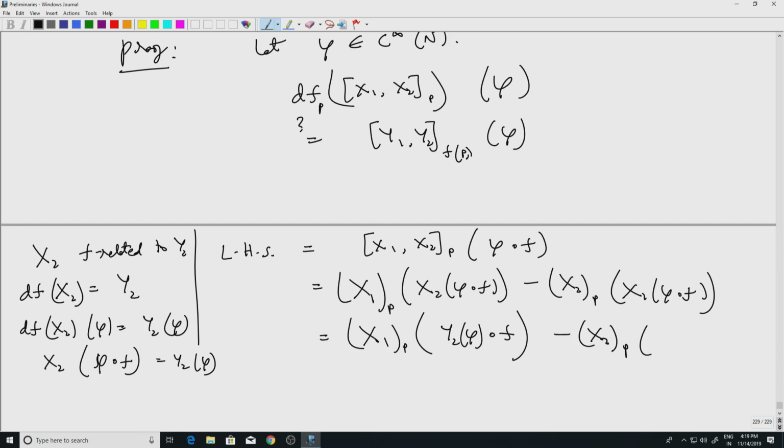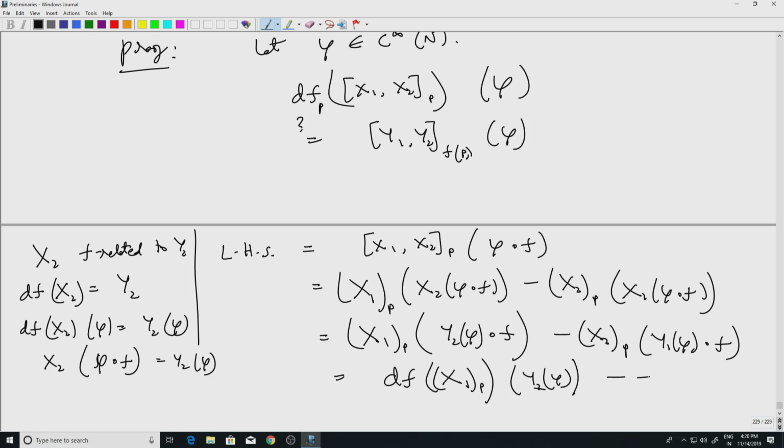Same thing with x1 and y1 will give me this. Again, go back to the definition of the differential of a smooth map. This would be df of x1 at p acting on the function y2 phi.